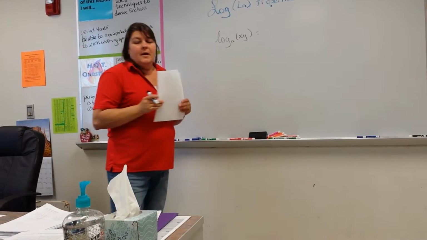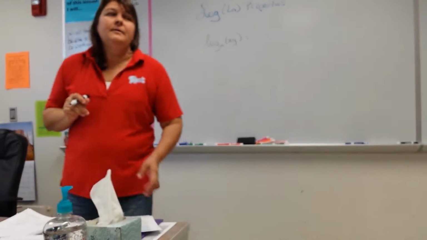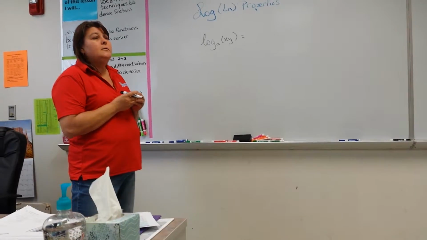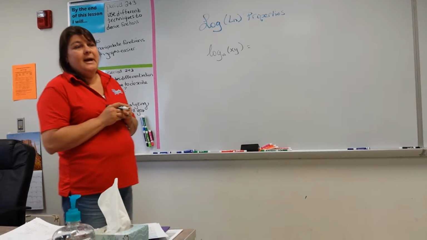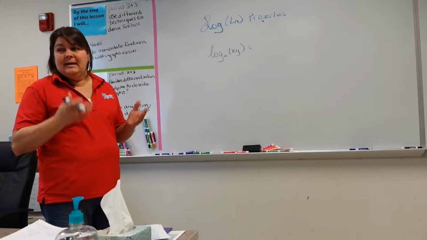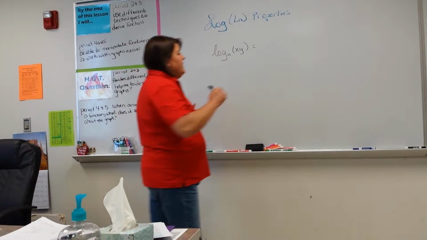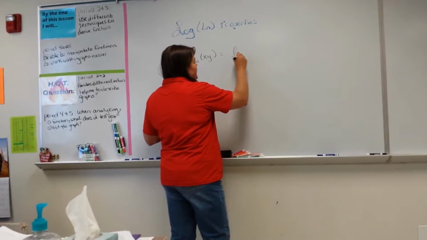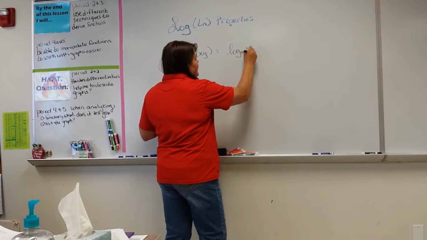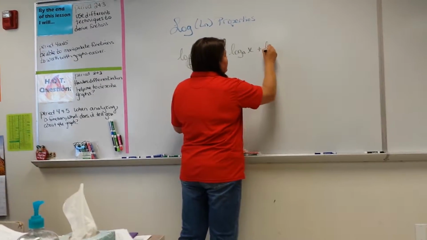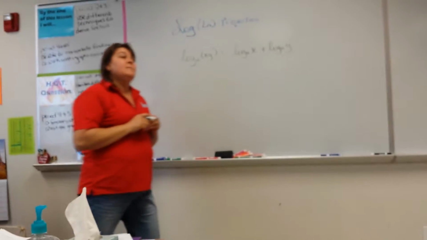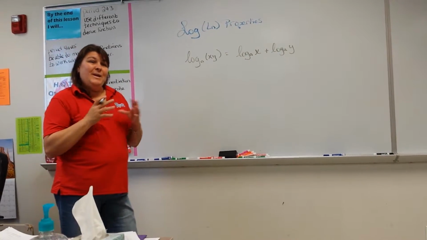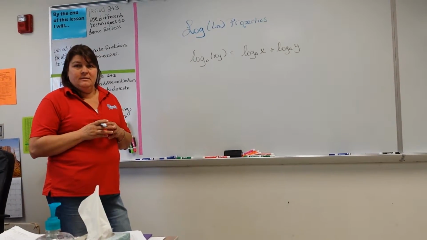Okay? So if I have a log and it's written with components that are multiplied like this, the x and the y, I can actually rewrite it with something called expanding. I bring it out to do this plus this. So literally what was multiplied now can be expanded to become addition.